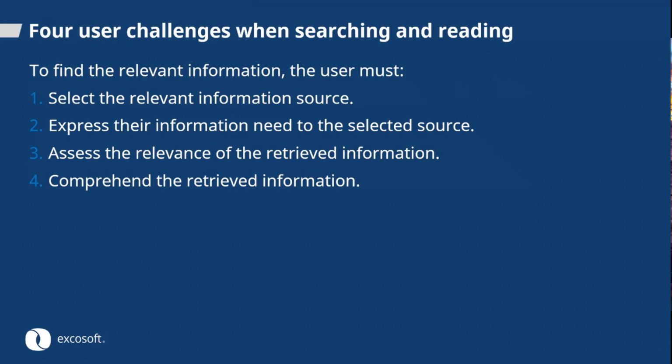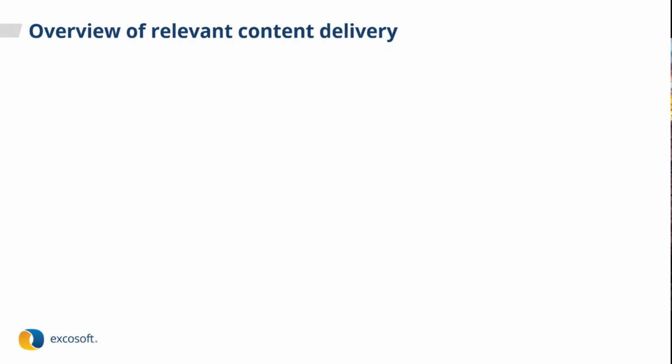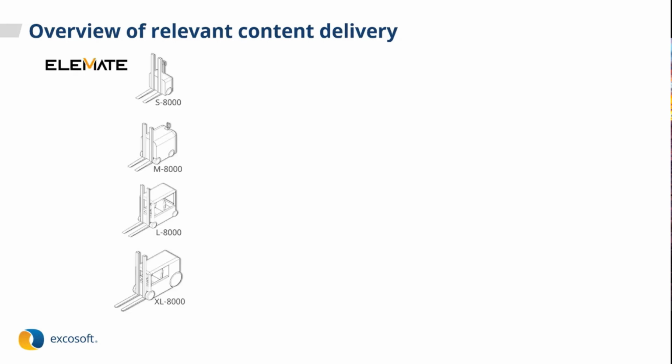Okay. So how can we then support the user to make these 4 steps a bit easier and help the user not end up reading something that is not relevant? Well, let's recap what relevant content delivery can be. Again, we have taking these forklifts as an example.